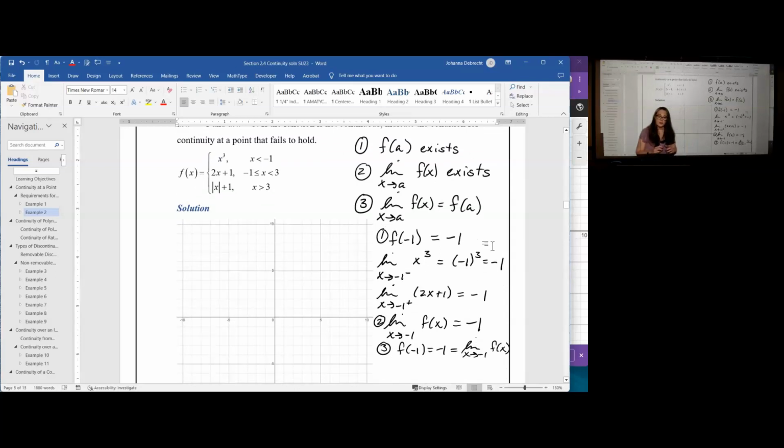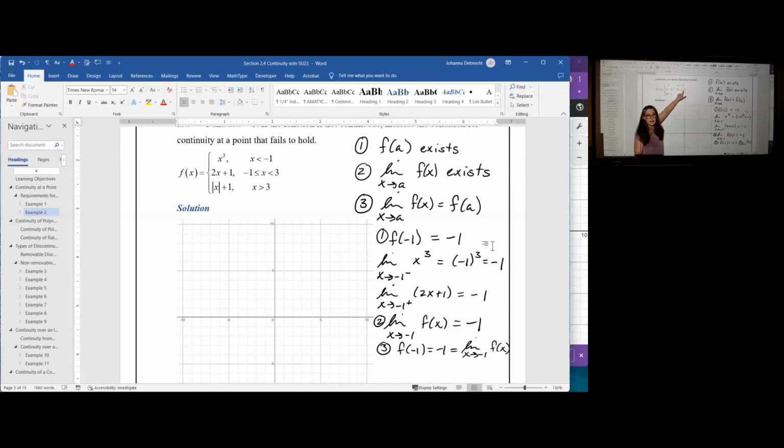Now, the other value we wanted to establish continuity at is at 3. Looking at 3, the first condition to be met is that the function exists at 3. When I look at the two rules, though, on either side of 3, notice that both inequalities are strict.